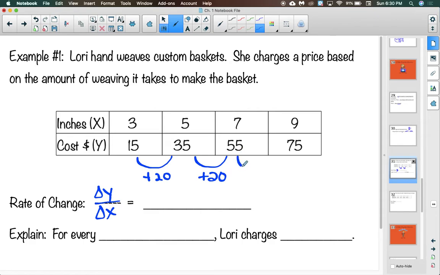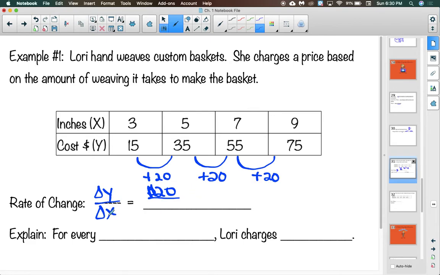And 55 to 75, that's another difference of plus 20. So my delta y number is 20, and that 20 goes with the unit of dollars. Okay, so we're writing a rate here. We want to make sure to have units in our rate.